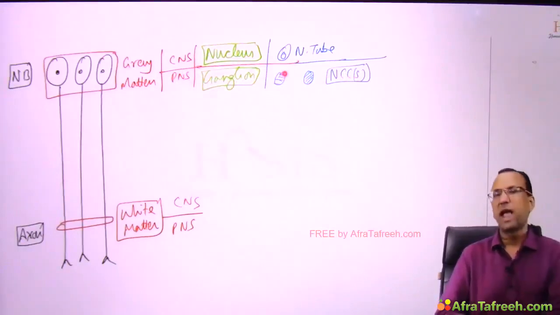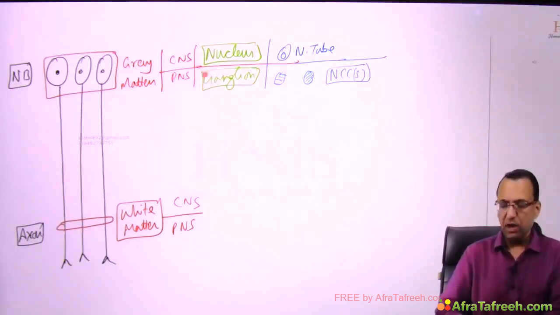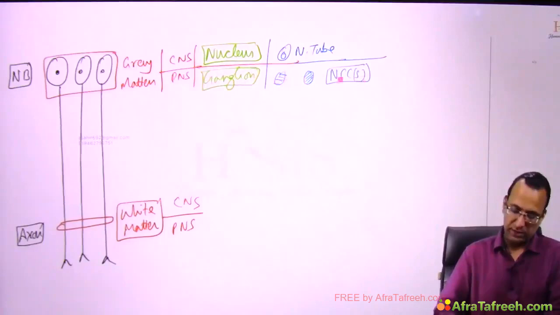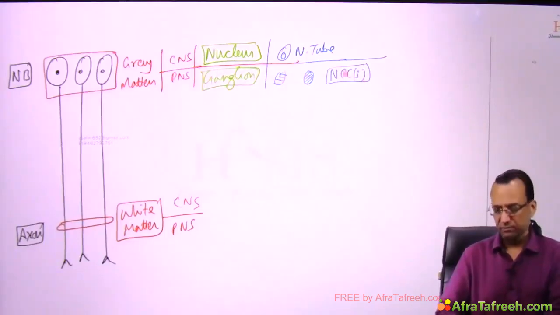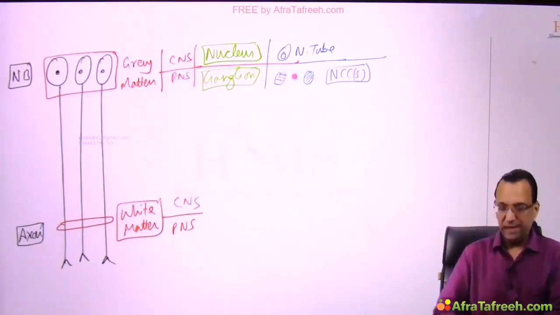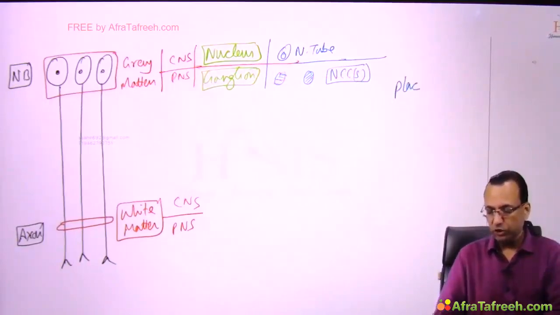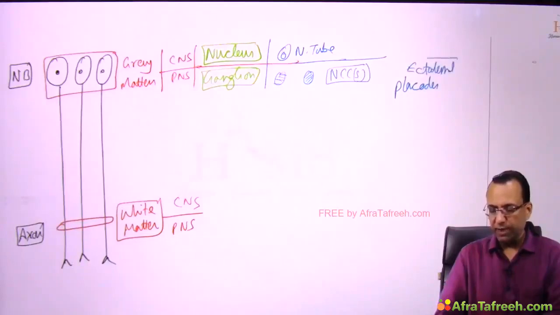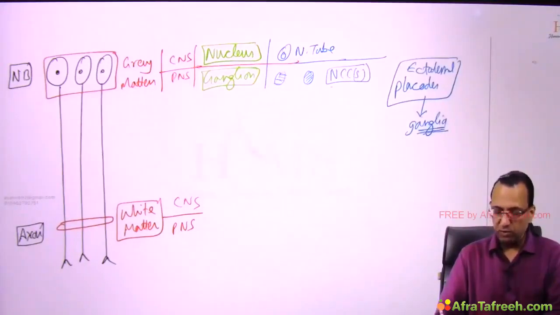Actually, most of the ganglia in our body are contributed by neural crest cells, though it is not entirely specific, because there are some ganglia which are contributed to, in addition to neural crest cells, by the ectodermal placodes.